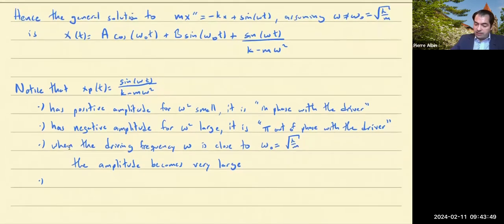One of them is that we only worked out the general solution under the assumption that omega was not equal to omega naught. Another more important reason is that if you plug that in, then the bottom becomes 0, and you're not allowed to divide by 0. So let's just say that the amplitude is undefined when omega is equal to plus or minus omega naught, so when their squares are the same.